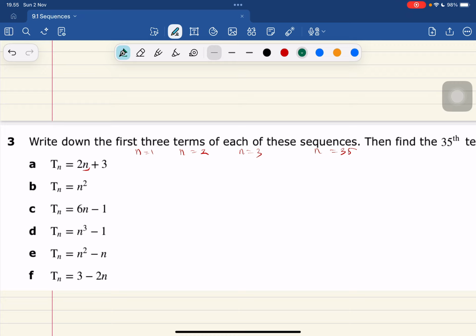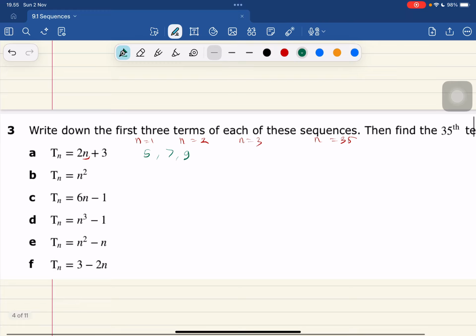So the first one, 2 times 1 plus 3 is 5. For n equals 2, 2 times 2 is 4, 4 plus 3 is 7. Next, n equals 3. 2 times 3 is 6, plus 3 is 9. And finally, n equals 35. So 2 times 35, here we can call it t 35.